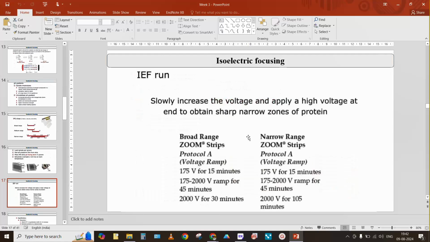Then there are some protocols or parameters, where we slowly increase the voltage and apply a high voltage to obtain sharp, narrow zones of the proteins, for broad range and narrow range strips. So there are different protocols according to their watts and requirements. Okay.